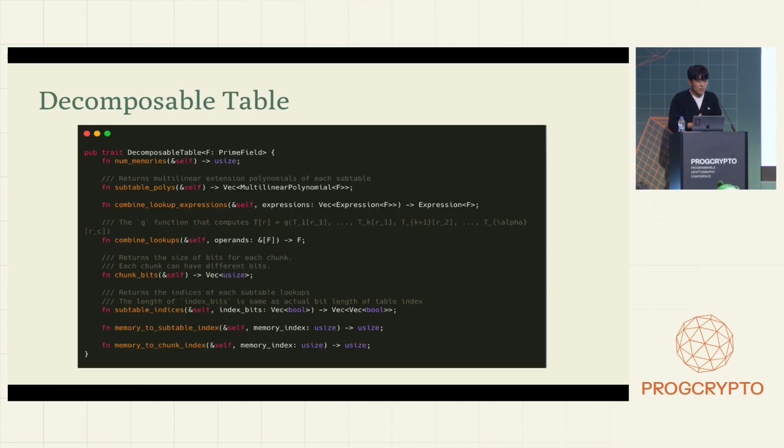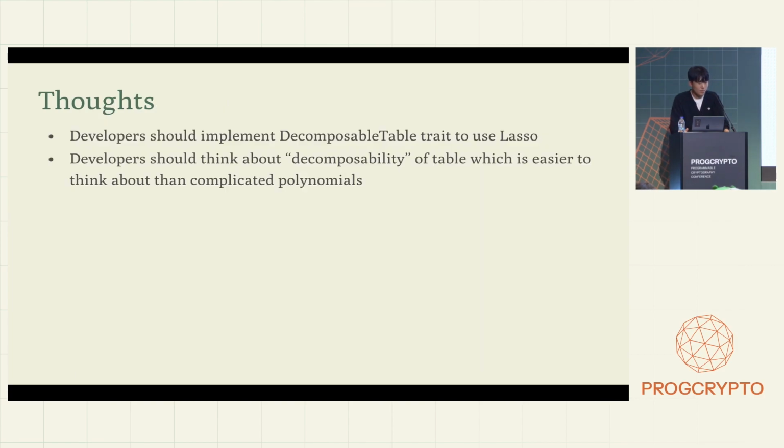The main part of the implementation is defining this decomposable table trait. As I said, Lasso requires a decomposable table. Developers should implement this decomposable table trait to use Lasso lookup arguments. My thought on this Lasso implementation is that developers now have to think about the decomposability of the table, which seems quite tricky at first, but I think it is much easier than thinking about complicated polynomial constraints.